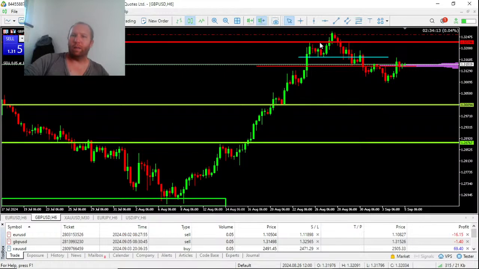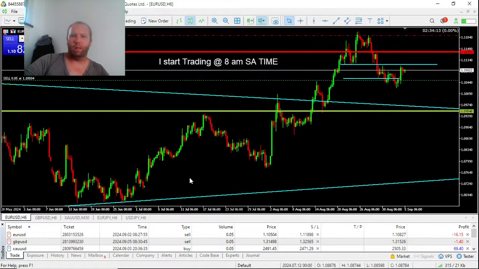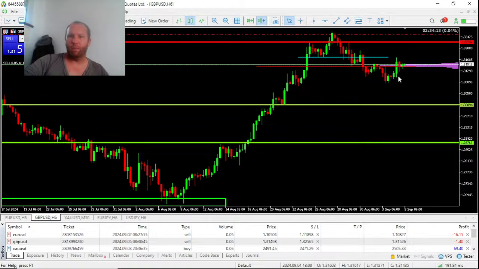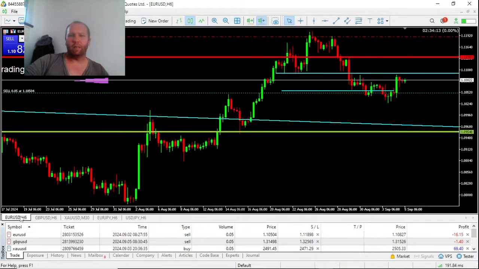If you look at this here and you look at that there, it's basically exactly the same. Yes, the sell-off is more extreme on the Euro USD, but let me go closer so you guys can see. See that? See that? It's basically the same thing. Alright?